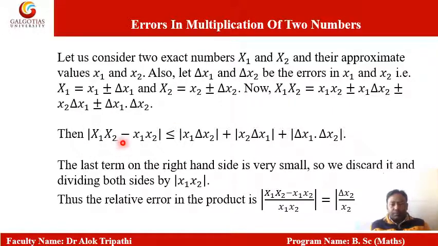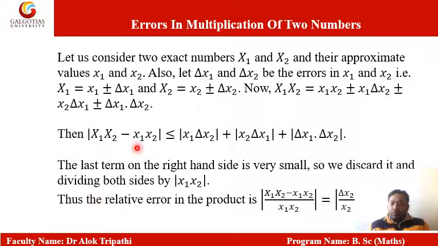So mod of X1 X2 minus small x1 x2, this quantity will be less than or equal to mod of x1 delta x2 plus mod of x2 into delta x1 plus delta x1 into delta x2. Since delta x1 delta x2 is a very small quantity, since it is an error, we can discard it.